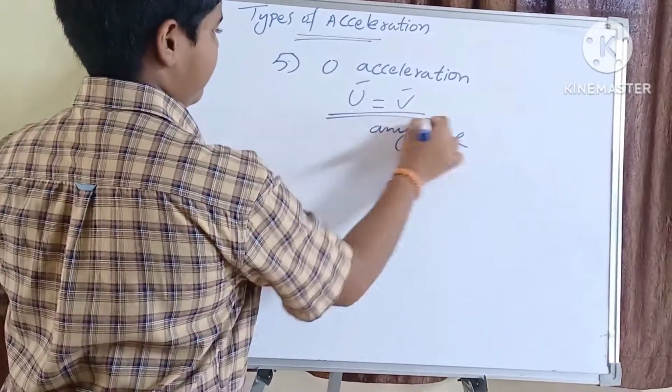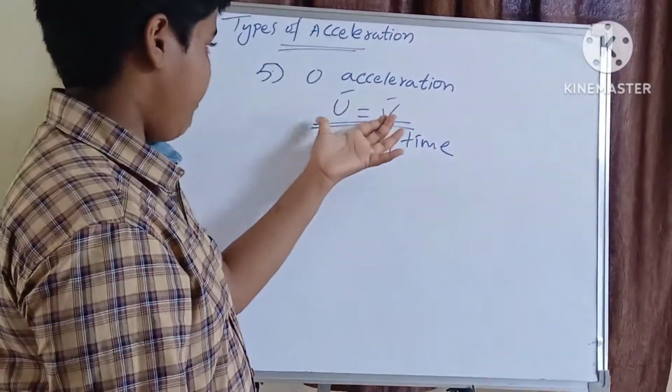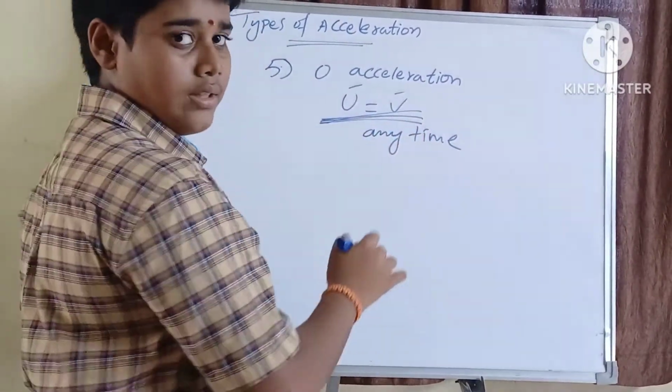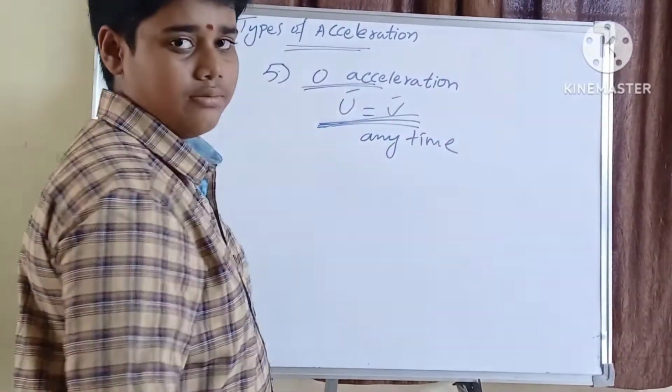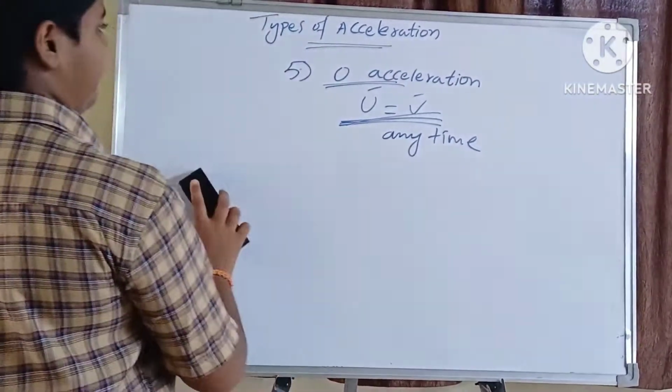But the case is initial velocity is equal to final velocity. Here velocities are the same, so acceleration will be 0. This is the fifth type.